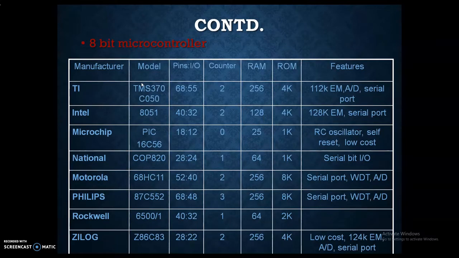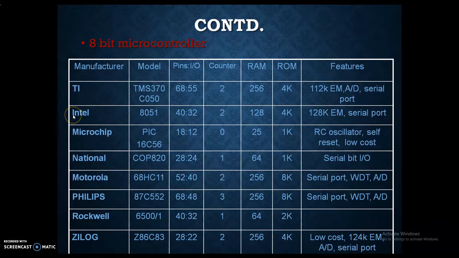So coming to the next part, this is a little bit higher level microcontroller. There are 8-bit microcontrollers from Texas Instruments, Intel, Microchip, National Instruments, Motorola, Philips, Rockwell, Zilog. Those are some examples of 8-bit microcontroller.